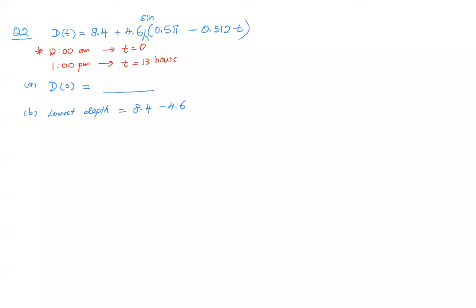So the formula of question 2 is 4.6 sin of that angle. This is the angle. Okay, 3.8 meters. So this is the lowest depth.